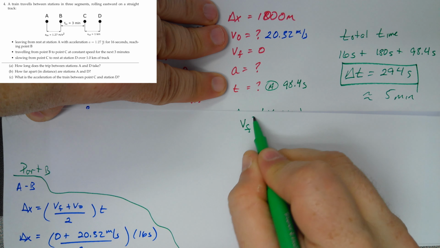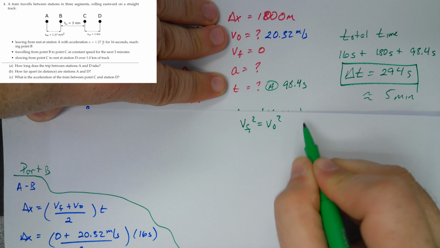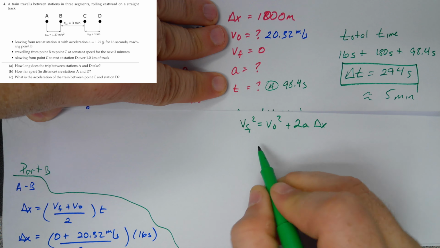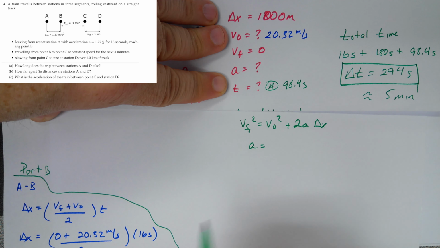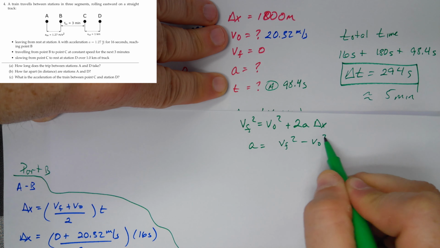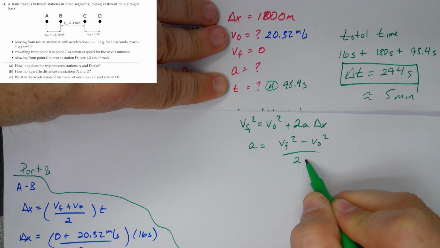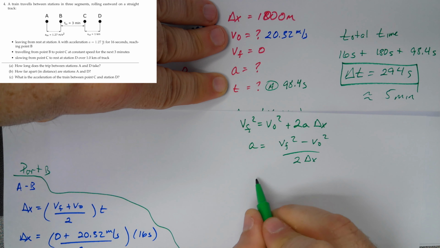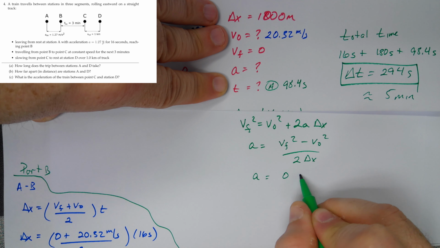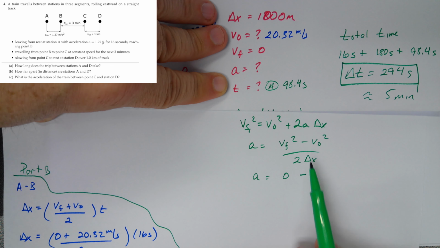V final squared equals V initial squared plus 2a delta x. And I would solve for a. You might remember doing this in the math review if you did the math review. a equals V final squared minus V initial squared over 2 delta x. And we can put numbers in. V final is 0 minus, be careful with this minus sign.